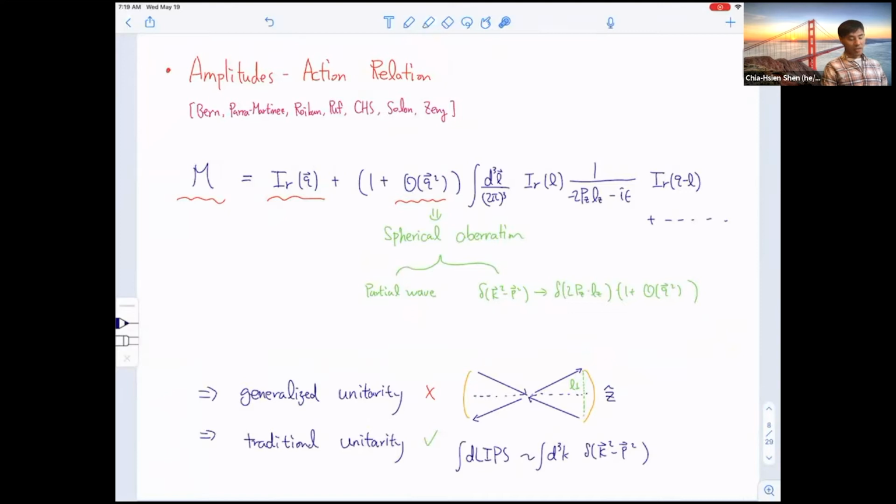And the surprising thing that we found is that it rearranged the finite part such that it becomes the radial action. And this additional factor comes from the spherical aberration. You can either calculate this from the partial wave decomposition by brute force, or you can do it in the lazy way, simply turn this delta function into the linearized one, and this will give you these correction factors.